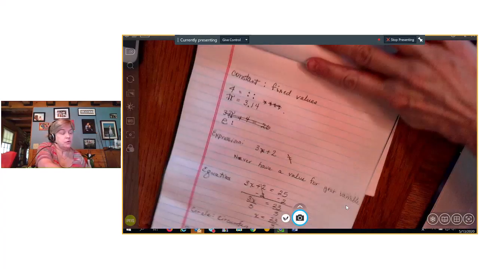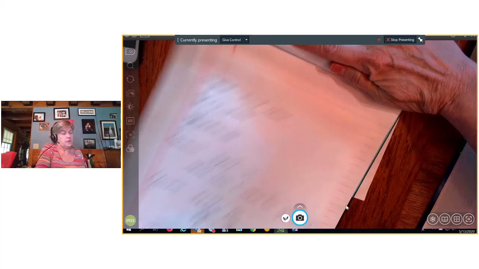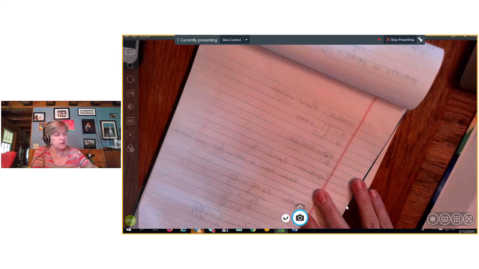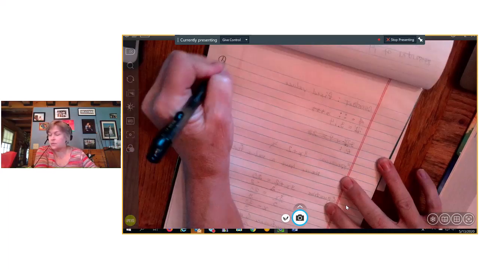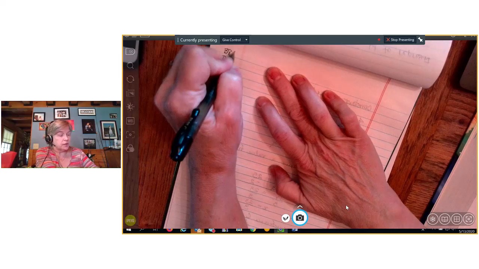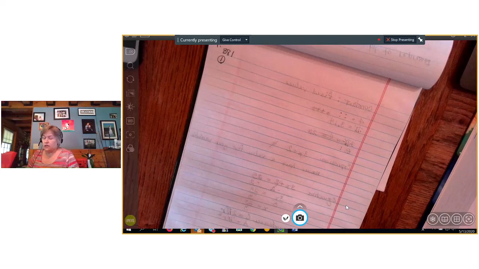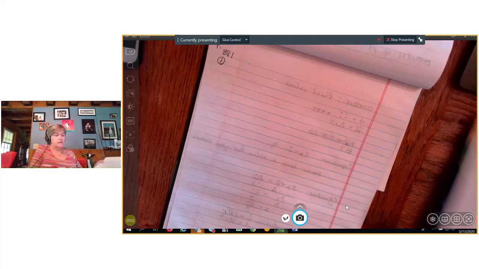So I'm going to read a problem, and I'll read it a couple of times and then we'll write it out. This problem is an example on page 381 in the book.